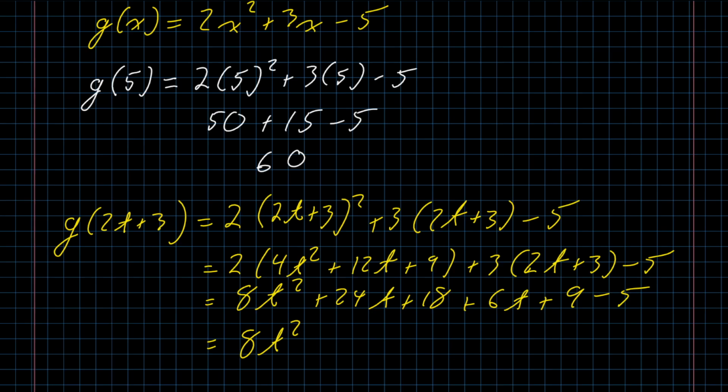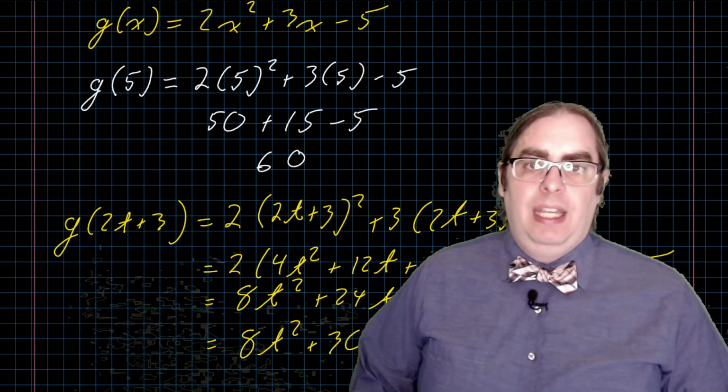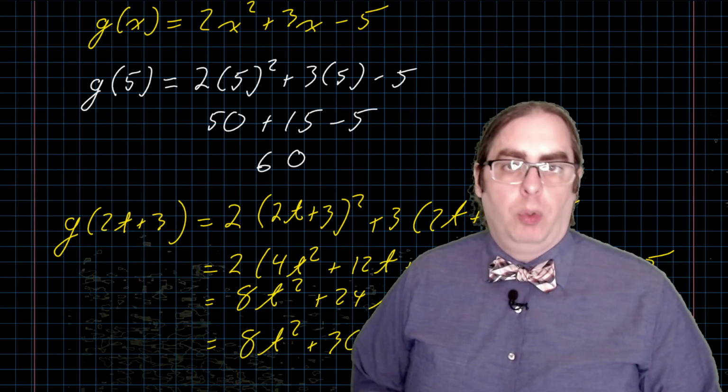We have a 24t and a 6t, which all told is 30t. We have an 18, we have a 9, and we have a minus 5, which all told is 22. So g of 2t plus 3 is 8t squared plus 30t plus 22. We put in something, we got out something. It satisfies the rules for working with a function.